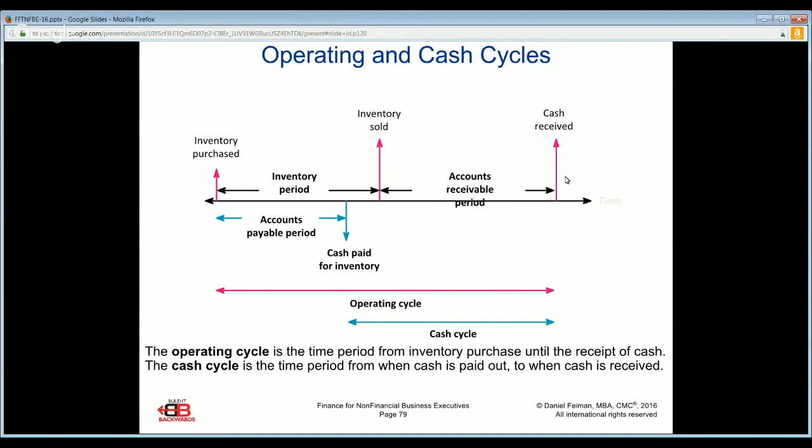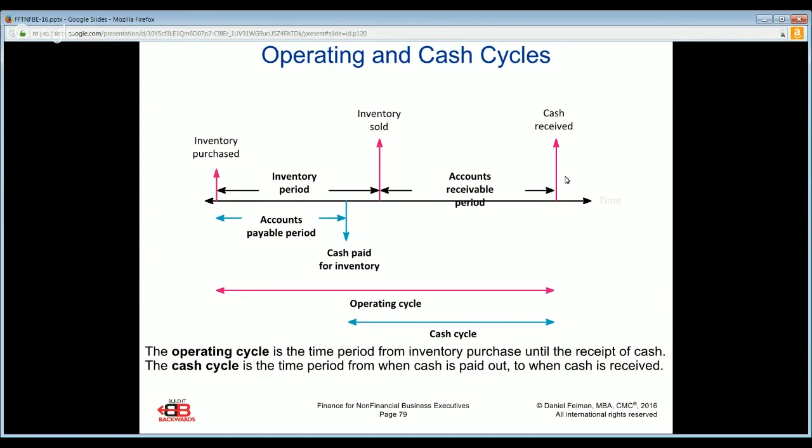When we sell it, it turns into an accounts receivable. So from the day we create the receivable until we collect that, that entire number of days combined is the operating cycle. So that's why when we were looking at our utilization ratios, we needed to calculate both the inventory period and the accounts receivable period. So there's our operating cycle.